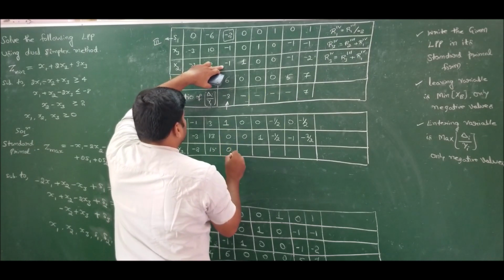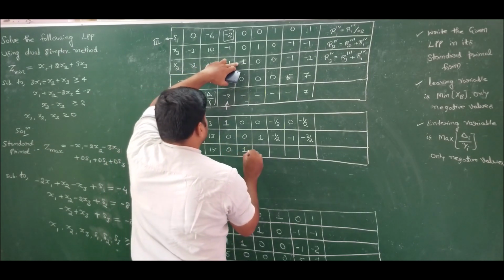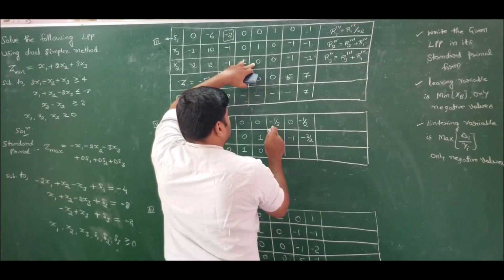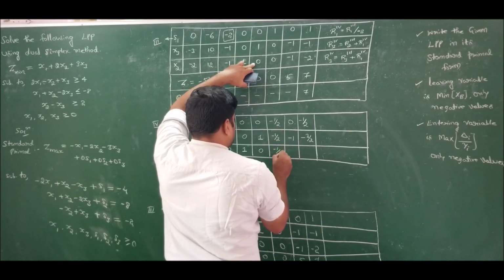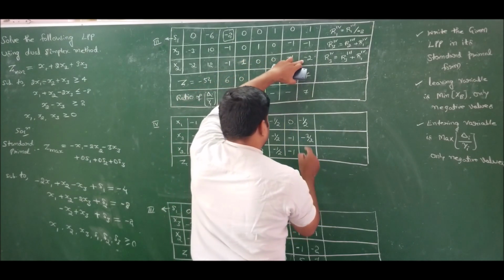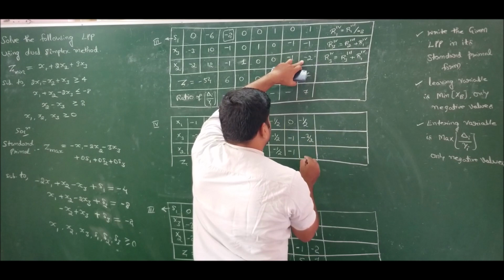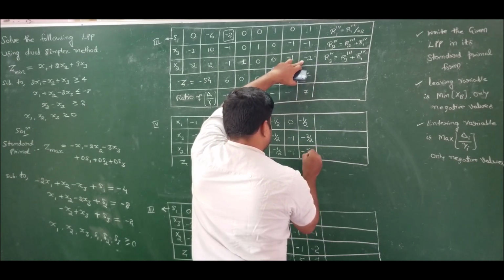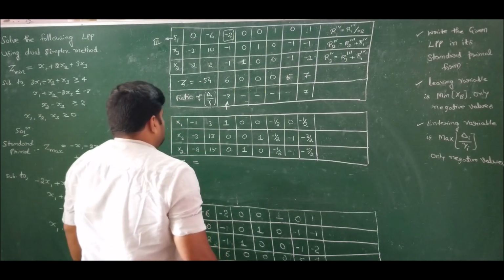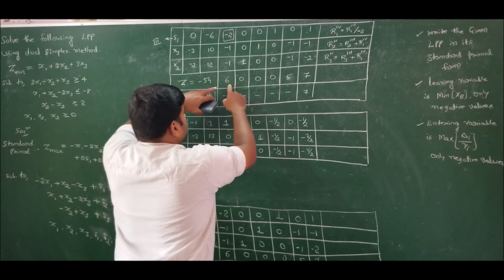Minus plus 0. 1 plus 0, 0. 0, 0, 0. Minus half. Minus 1 and 0 is minus 1. Minus 2 minus half is minus 5 by 2. Done. Now I want this to be 0.